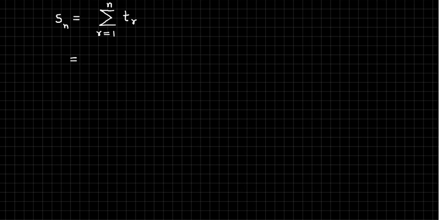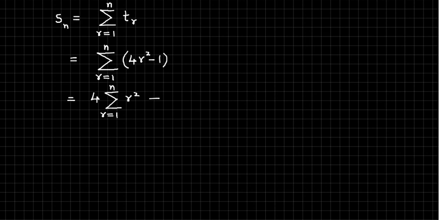We have just found that Tr is 4r square minus 1, which is equivalent to writing in terms of r. Breaking this summation, we can write 4 into summation of r square, as r varies from 1 to n, minus summation of 1 as r varies from 1 to n.